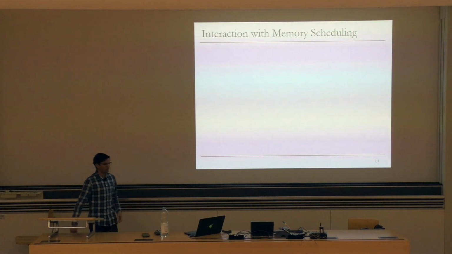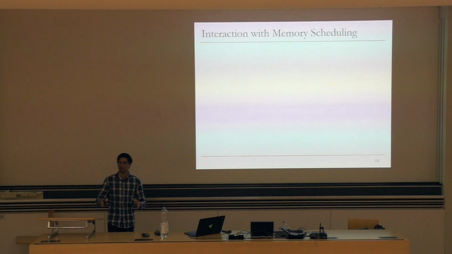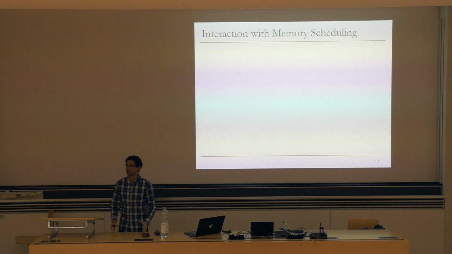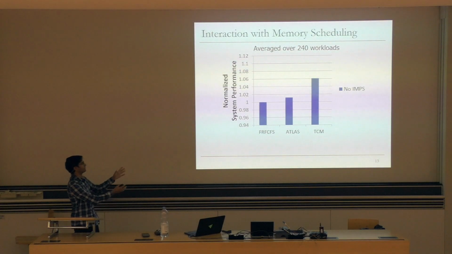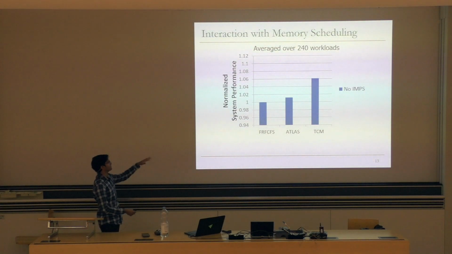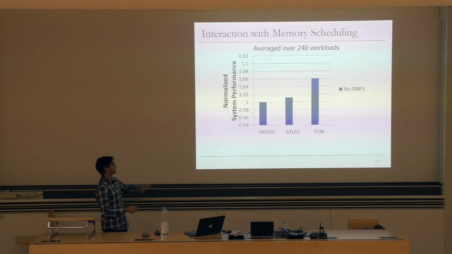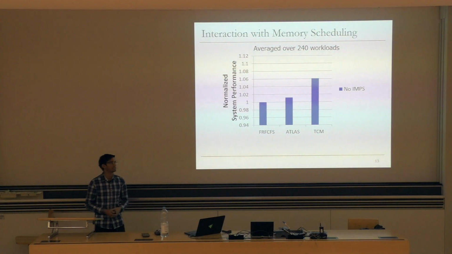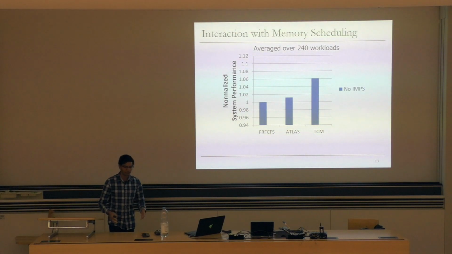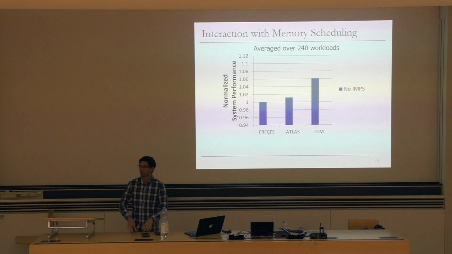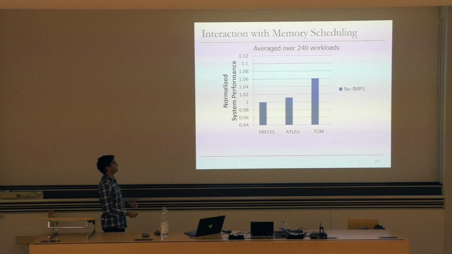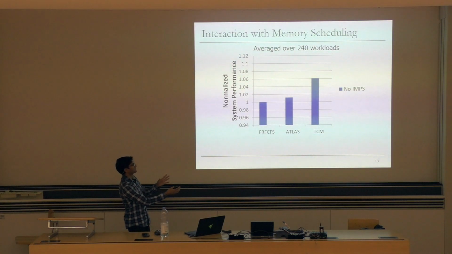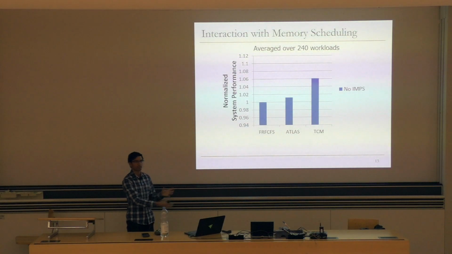Okay. One other thing we can analyze is the interaction of IMPS with different memory scheduling mechanisms. Here we show, again, a similar graph, with performance values on the y-axis, again normalized to the baseline FRF-CFS mechanism. IMPS integrates the MCP mechanism with modifications to a scheduling algorithm, right? So here, what we're studying is if we make IMPS have different baseline scheduling mechanisms that get modified.